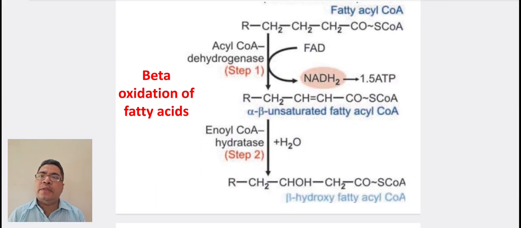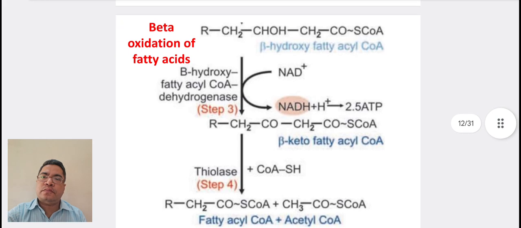Then fatty acyl CoA is converted into alpha beta unsaturated fatty acyl CoA with the help of the enzyme acyl CoA dehydrogenase and conversion of FAD to FADH2. Then this alpha beta unsaturated fatty acyl CoA is converted into beta hydroxy fatty acyl CoA with the help of the enzyme enoyl CoA hydratase and one H2O.